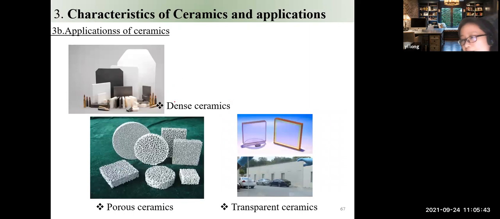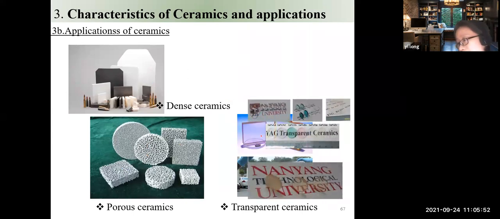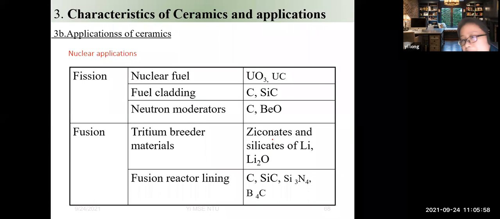And it can also be used as a dense one, a porous one, and a transparent one. So this is transparent ceramics. Okay, and this is an NTU one, YAG, used in lasers, very famous laser material. And fusion, these nuclear ones.